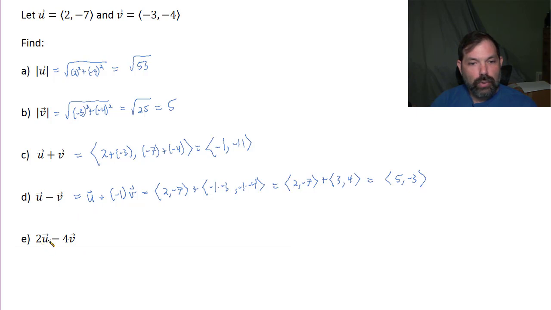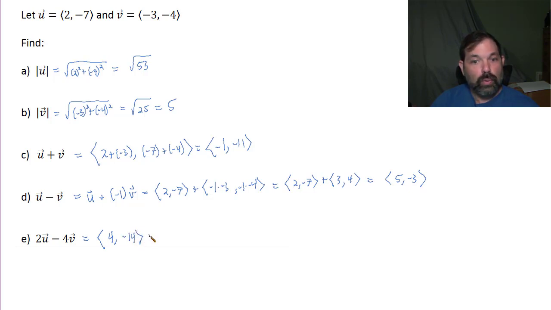And so then 2u vector minus 4v vector, well, that would be, let's see, 2u vectors. That would be 4, negative 28. Oh, sorry, I was thinking incorrectly. I multiplied the second component by 4. 2 times 2 is 4. 2 times negative 7 is negative 14.